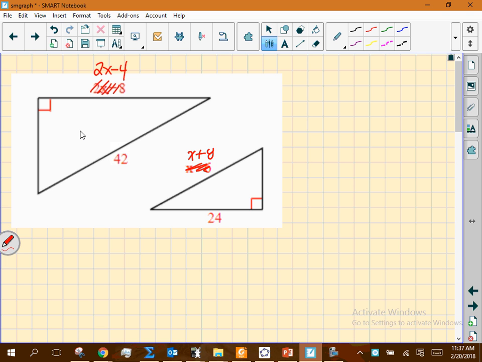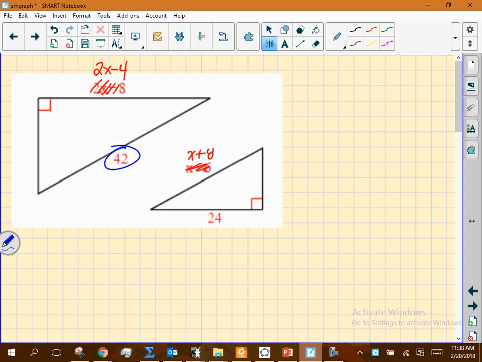If they were to put the 42 and the x plus 8 like here, I put the x plus 8 there and the 42 here, we can't answer this question, because I don't know if the 42 compares to the 24 or if the 42 compares to the x plus 8. I don't know which sides are longer and shorter. But if they're giving me both hypotenuses, I do know that a hypotenuse has to match to a hypotenuse, right? Because they are both the longest sides in their respective triangles. And that's how similarity has to work, okay?